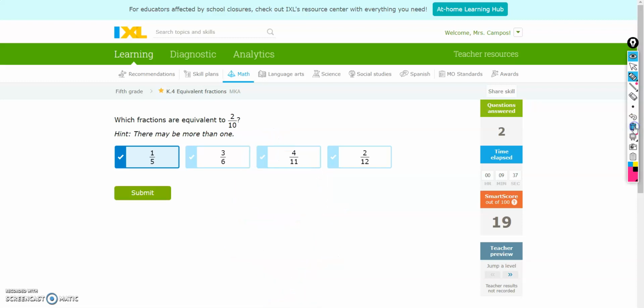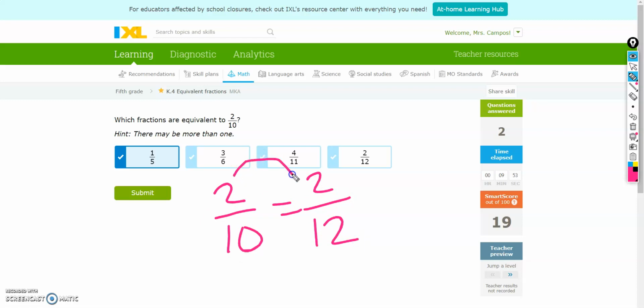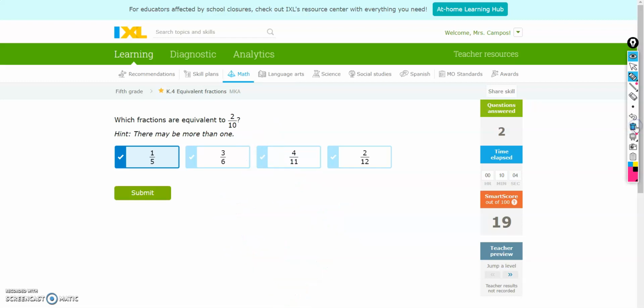No. Okay, so I'm going to try the last one. 2/10 equals 2/12. Is that going to work? 2 times 1 is 2. But 10 times 1, that's not 12. Okay, so my one answer is the first one.